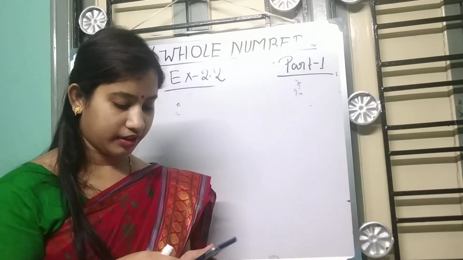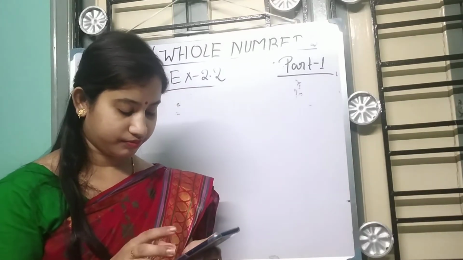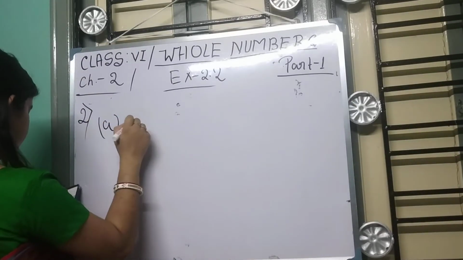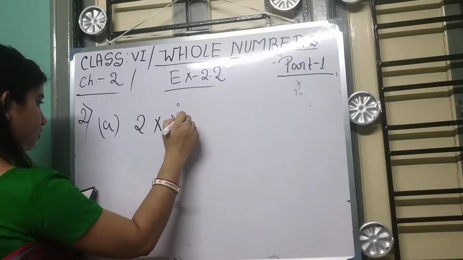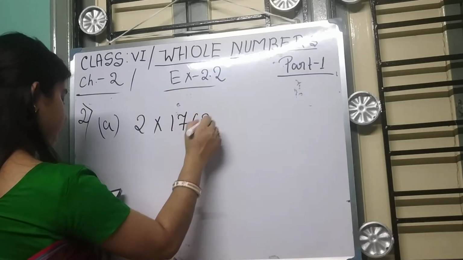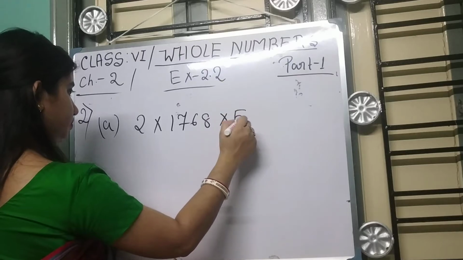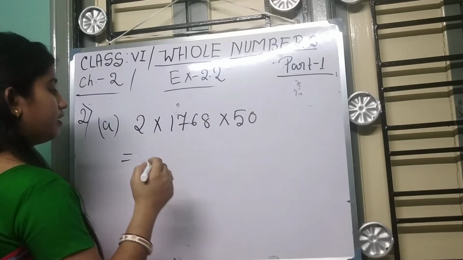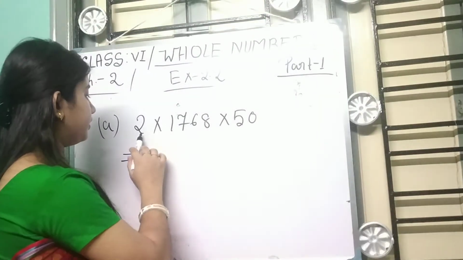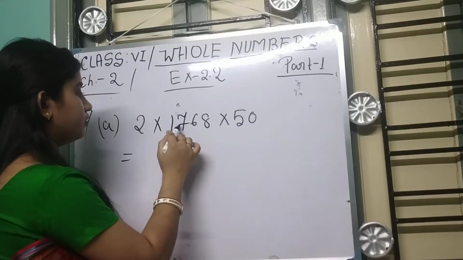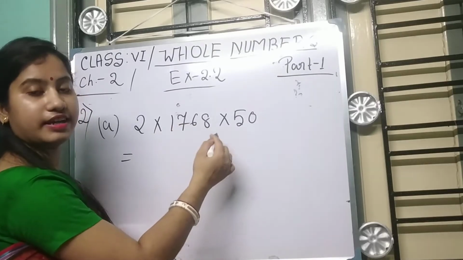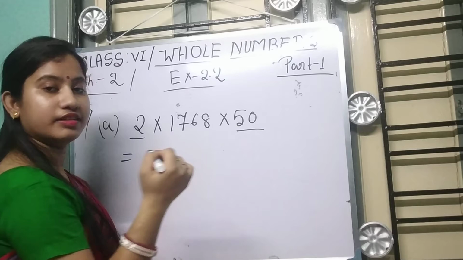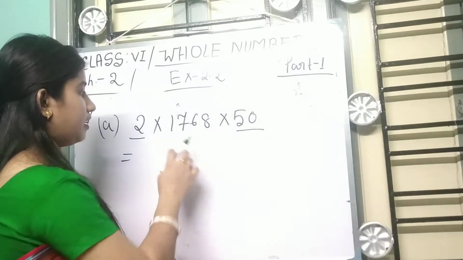So we try number 2a. Given 2 into 1768 into 50. We see that 2 into 50 means 100, and then this.